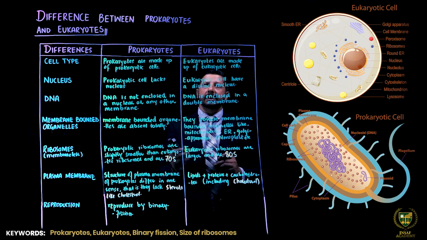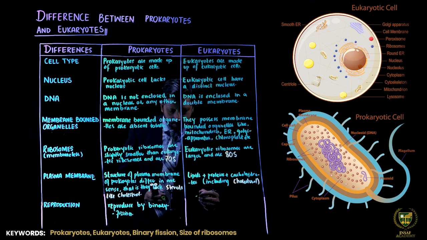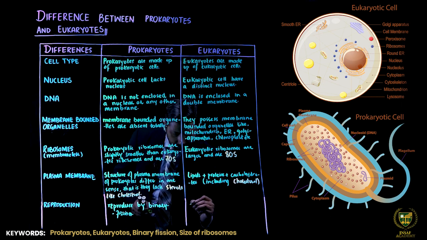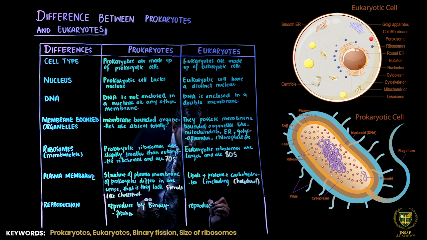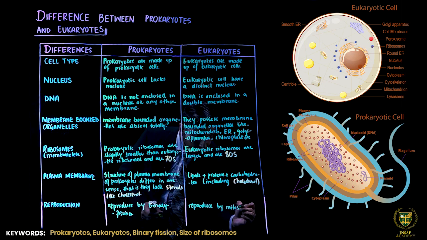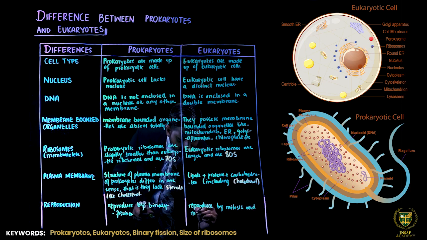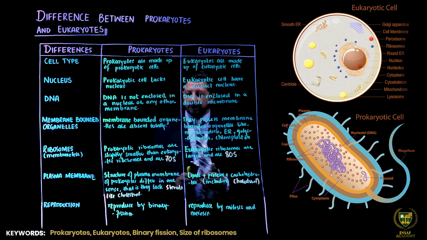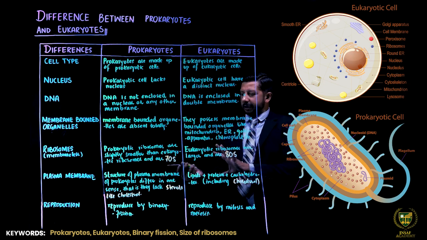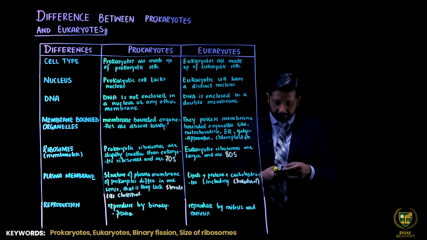While as far as the eukaryotes are concerned, they reproduce by mitosis and meiosis. Clear? So that is the difference as far as reproduction is concerned.